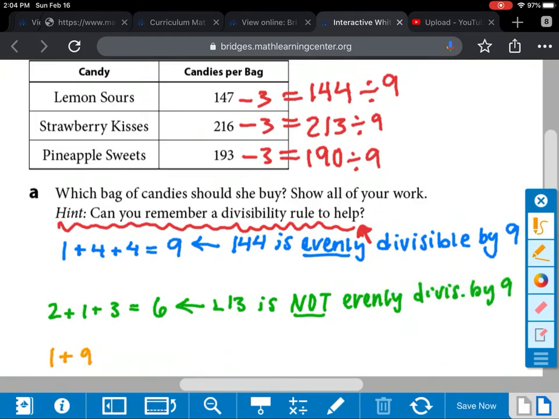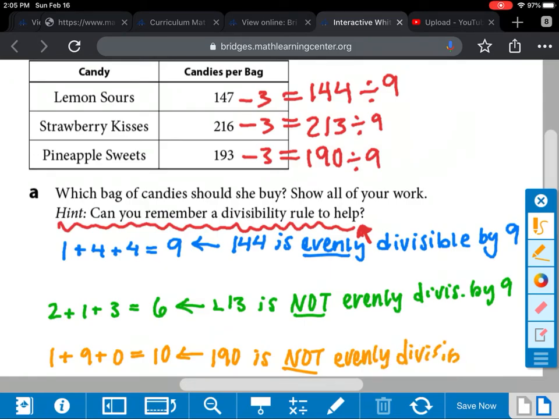I do 1 plus 9 plus 0, and it's going to be 10, which tells me that 190 is not evenly divisible by 9 either. And if you don't believe me, feel free to divide each of these numbers by 9 and see what happens.